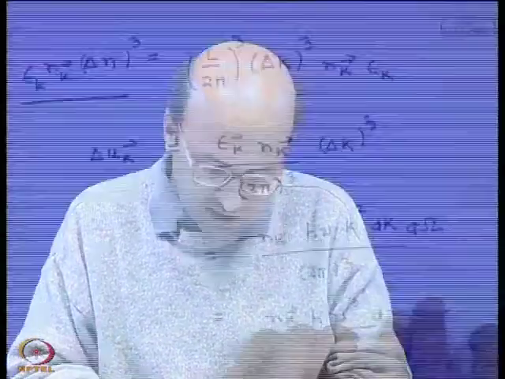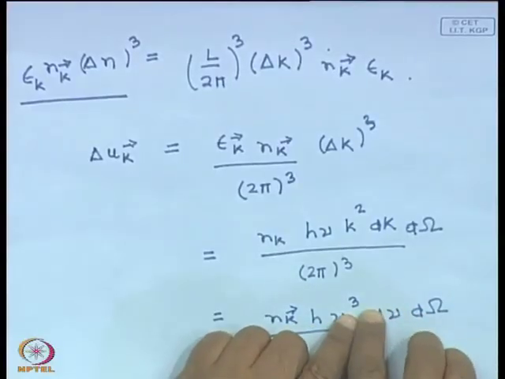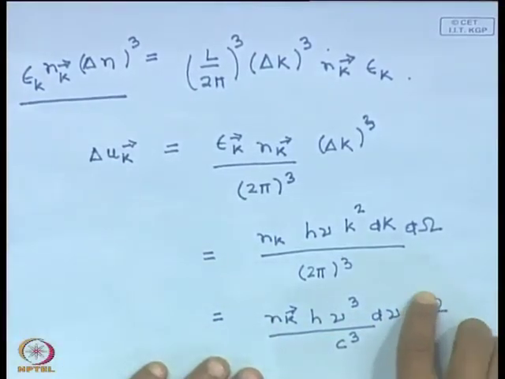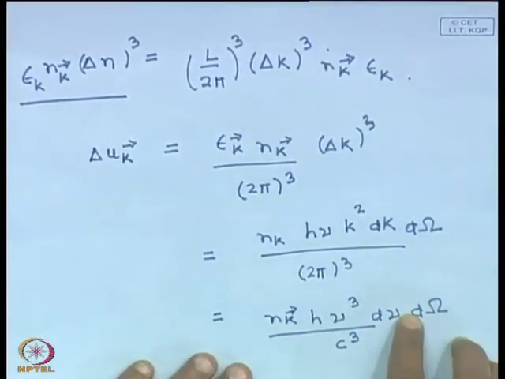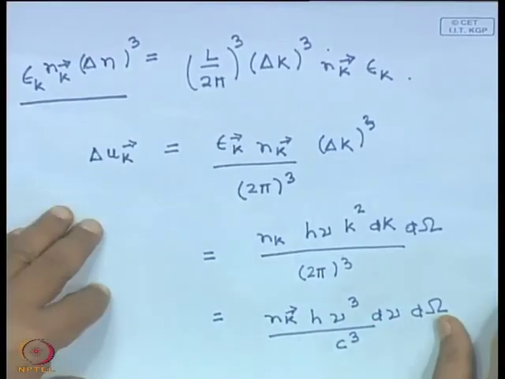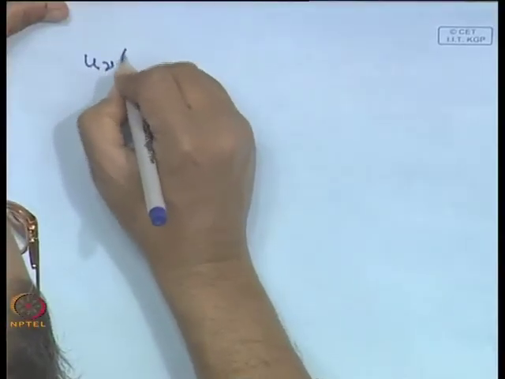Okay. So, what have we calculated? We have calculated the energy density of the radiation that is propagating in this frequency interval d nu, per unit volume, that is energy density that is propagating in this range of directions d omega and in the frequency interval d nu. So, from here we can straight away identify the specific energy density we had defined, remember.